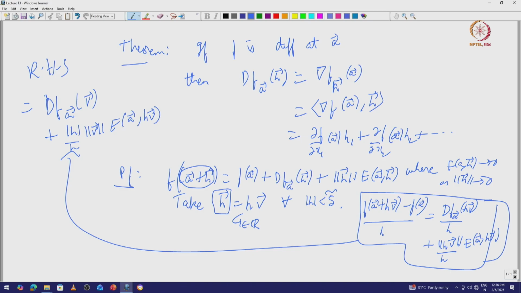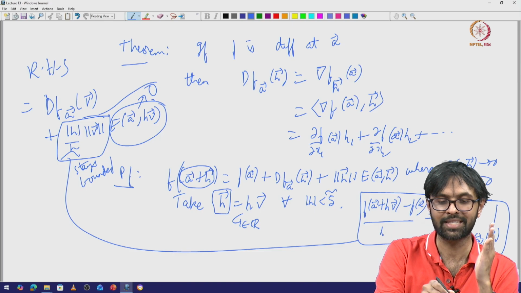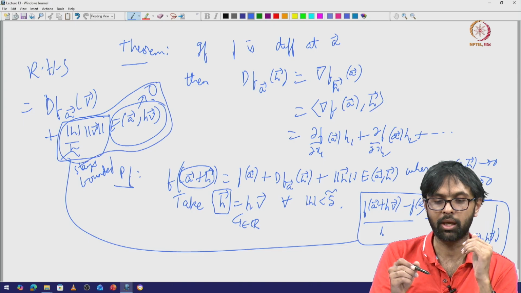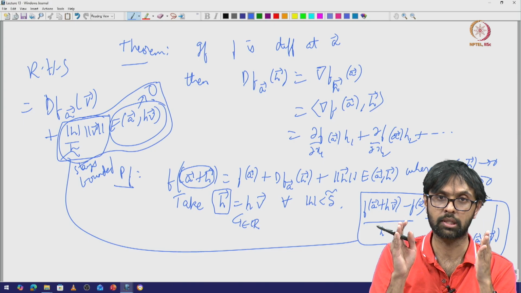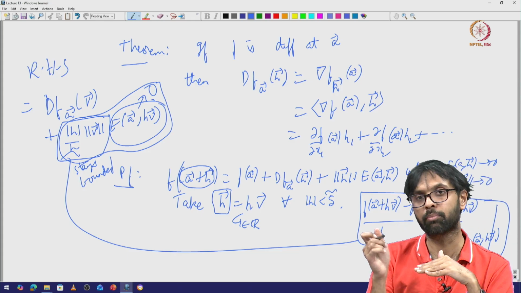As h goes to 0, what happens? This goes to 0, whereas this stays bounded. If you take the mod of this thing, this is equal to the norm of v. So in other words, when h goes to 0, this goes to 0, and this is less than or equal to some constant, which means the mod of this thing is sandwiched between 0 and something that goes to 0.